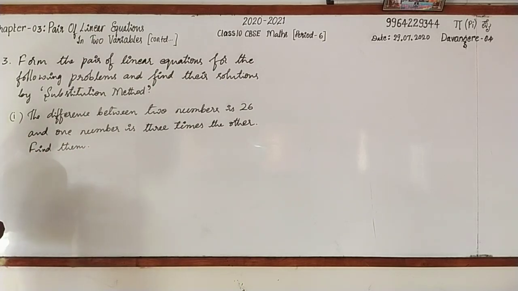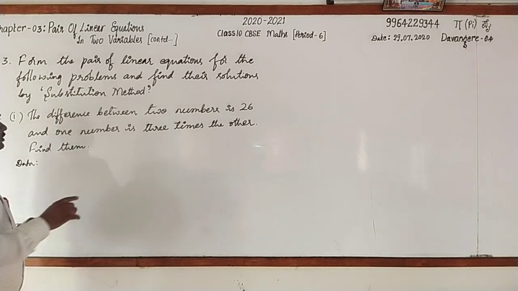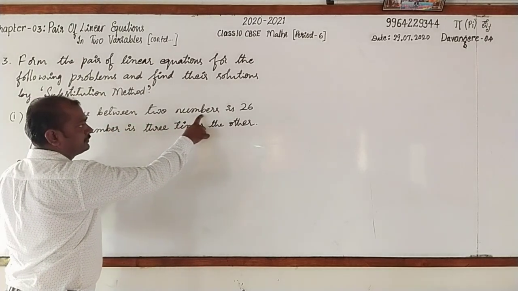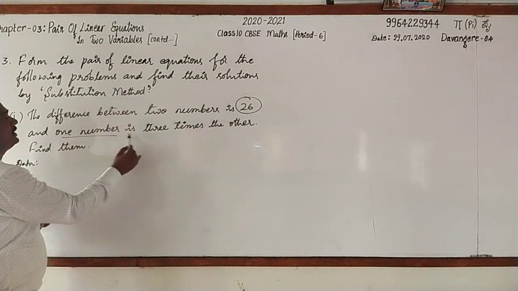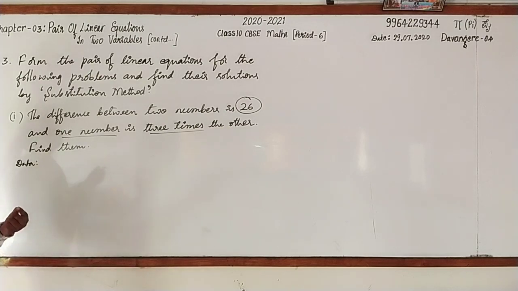Find them. Dear students, here we can come to know that they have given two numbers. Their difference is 26 and one number is 3 times the other. We do not know both the numbers. Hence we can go for assuming that.